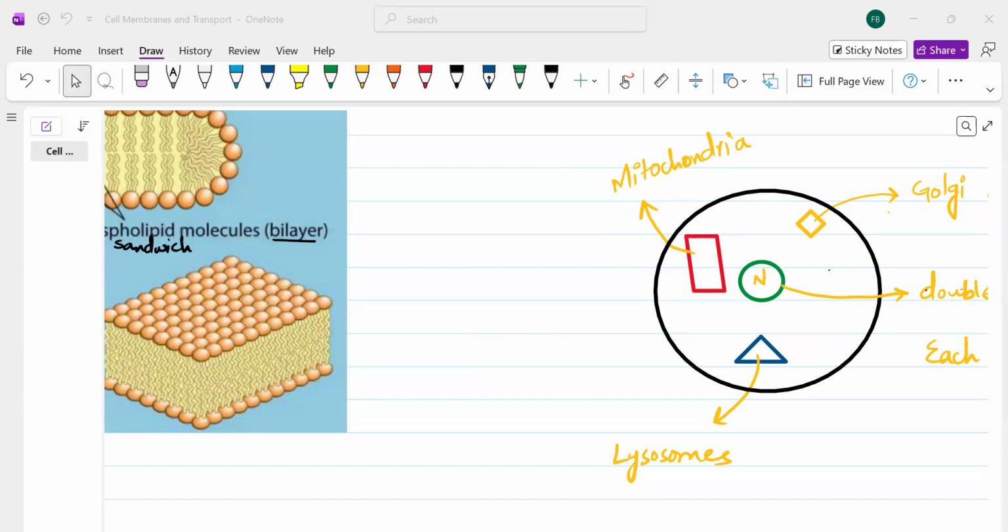There is nuclear pore and nuclear lamina. I can show you this by an image.